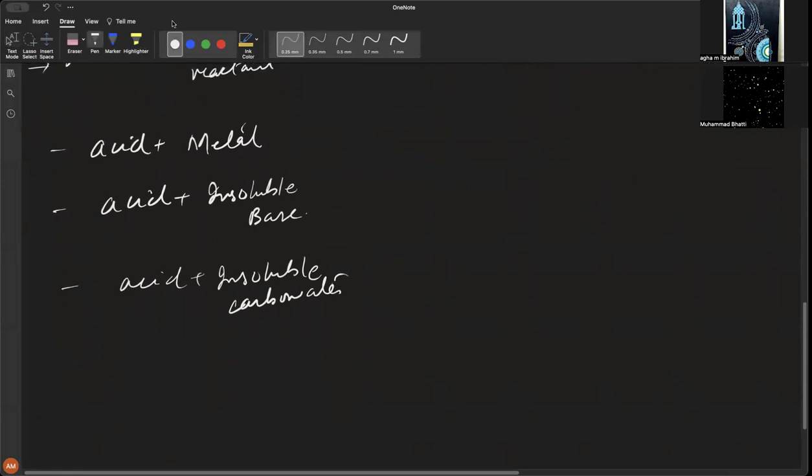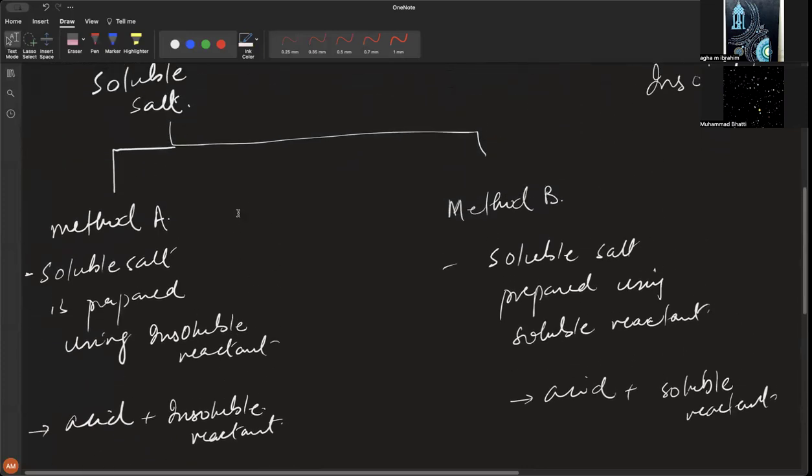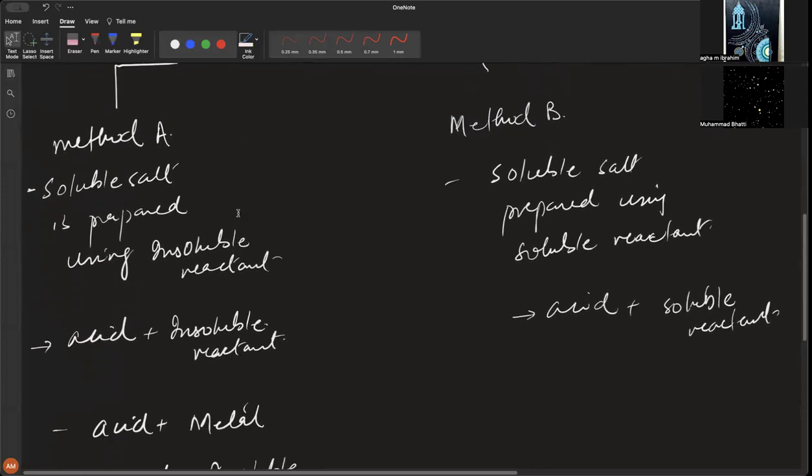Something that is very important: whenever you're using method A, you have to keep in mind that the insoluble reactant is always in excess.